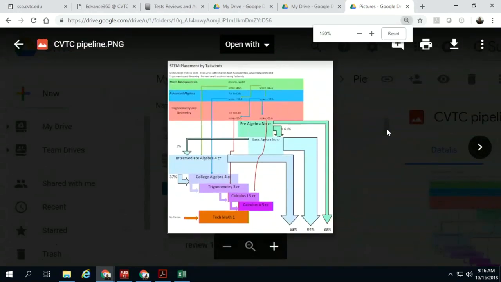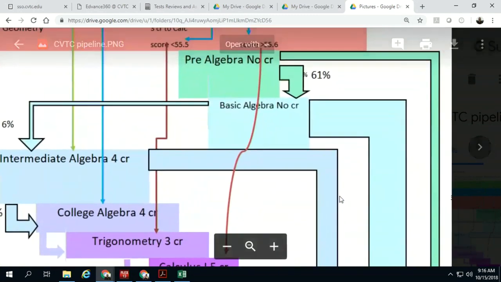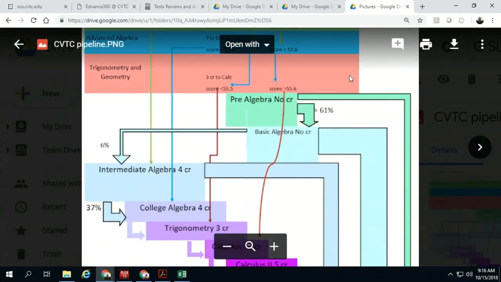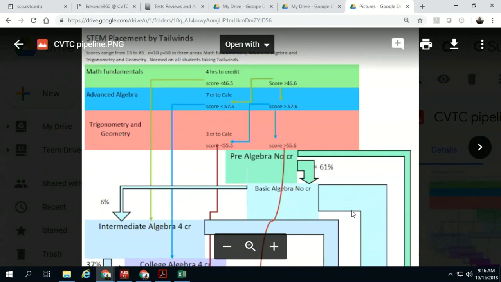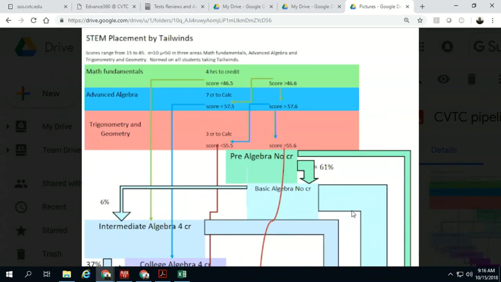Okay, so on this diagram, let's see, can I make it bigger? There we go. Okay, so on this diagram, one of the things you will see is that in order to get into this class, you either had to not do very well on the math fundamentals of the tailwinds. Did anybody take the tailwinds test? If you did well on that, you could have gone directly to college algebra.